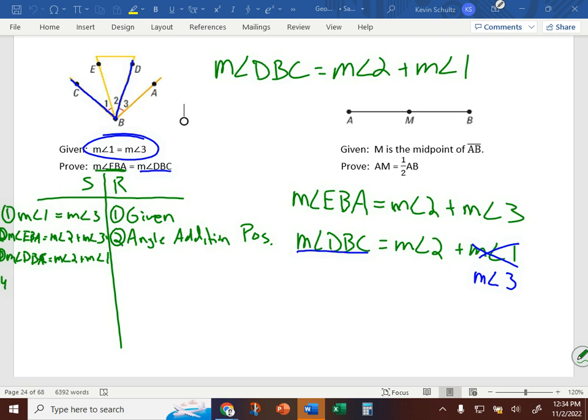And so our fourth step is going to be the measure of angle DBC equals the measure of angle 2 plus the measure of angle 3. This is step 4. And we can do that because of, not given, not transitive... we replaced something with an equivalent value. Substitution.